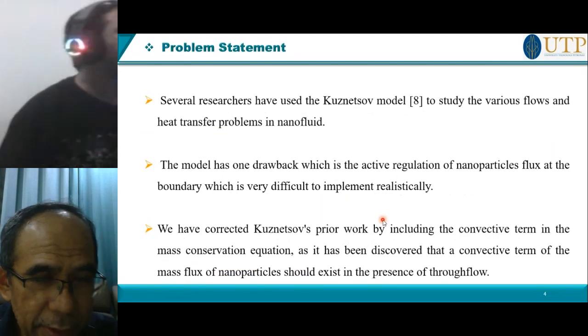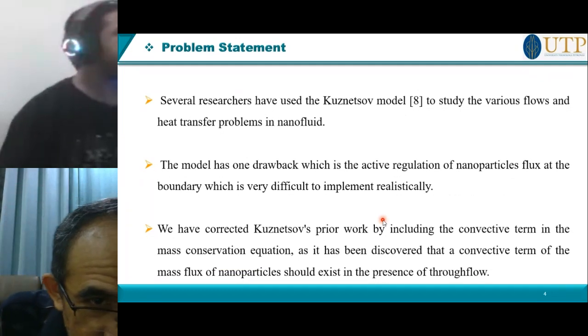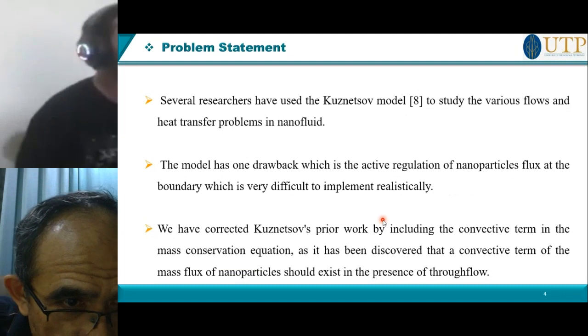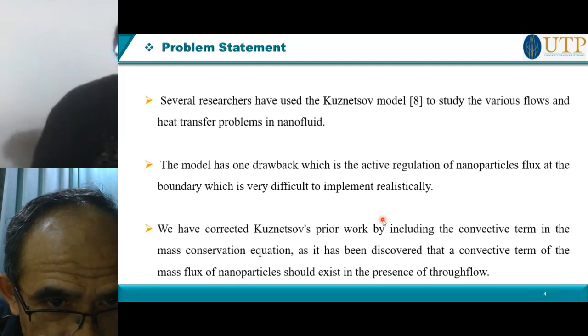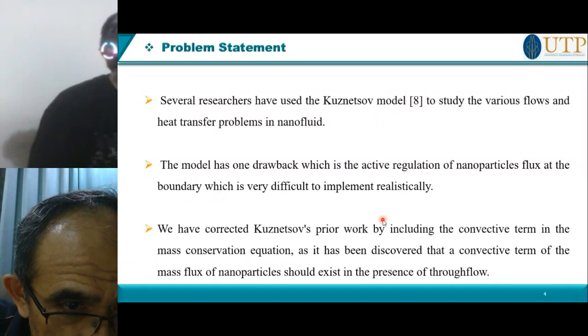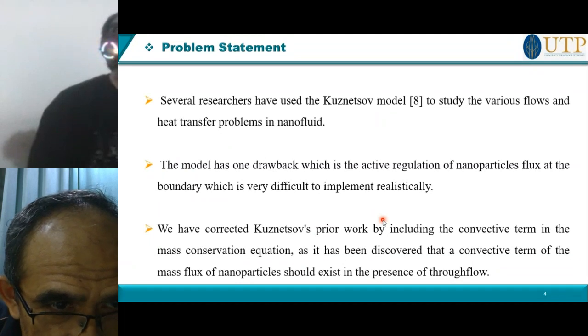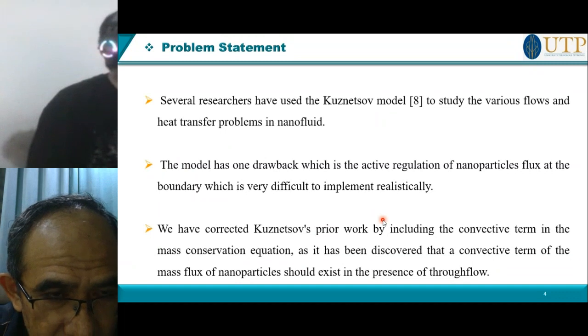Okay, here, Abdullah. I think number one does not look like a problem. "Several research used the testnet shock model to study various flow and heat transfer problems in nanofluid." Is that the problem? Problem is something else.